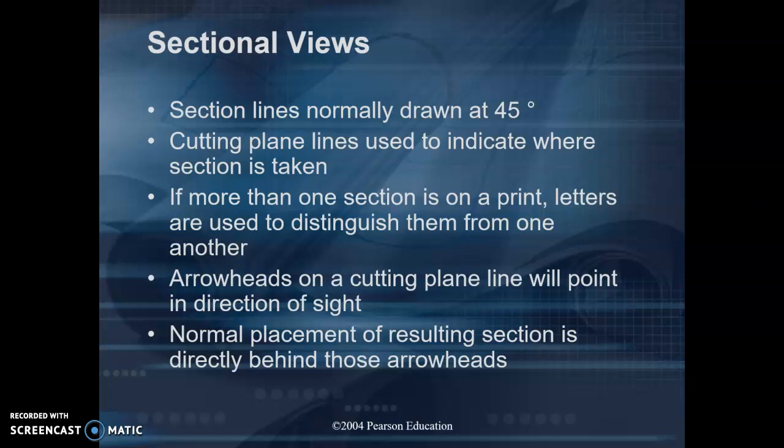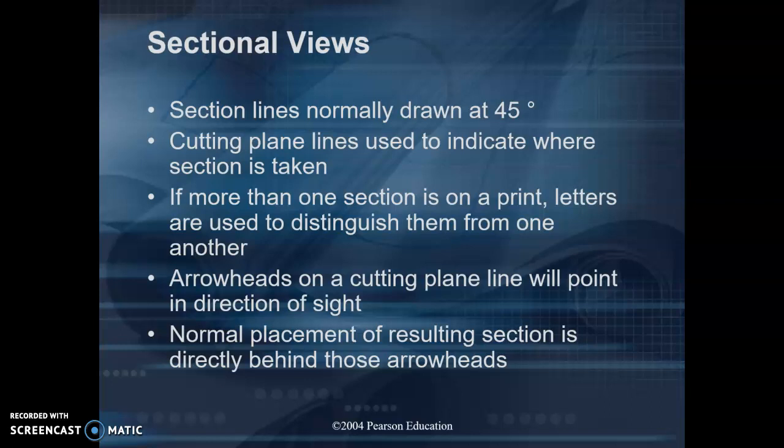So the location where you cut through the object is shown with a cutting plane line. Sometimes the cutting plane line is omitted if it's clear that the object is symmetrical and the cutting plane line passes through the line of symmetry.